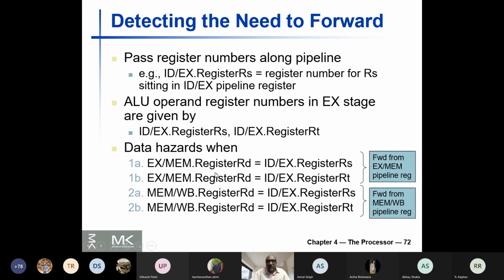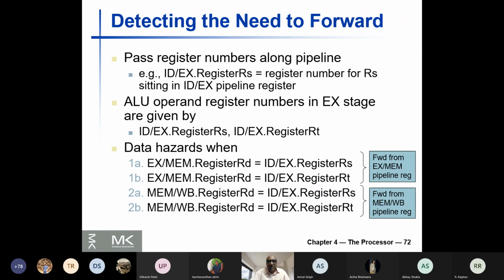In the following stages, at the beginning of the fourth stage or the beginning of the fifth stage, the result is available from the previous instruction, but it is still not written into the RD register. The result is available at the end of the third stage and the end of the fourth stage.